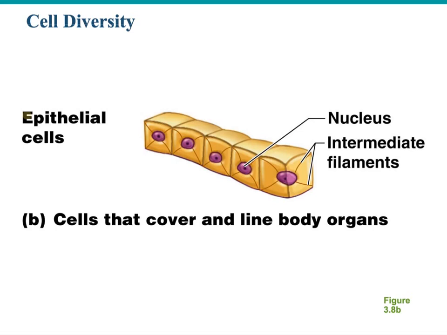And right, epithelial cells underneath there. We're going to have a different slide for each type of cell here. So there's epithelial cells, and they cover and line body organs.